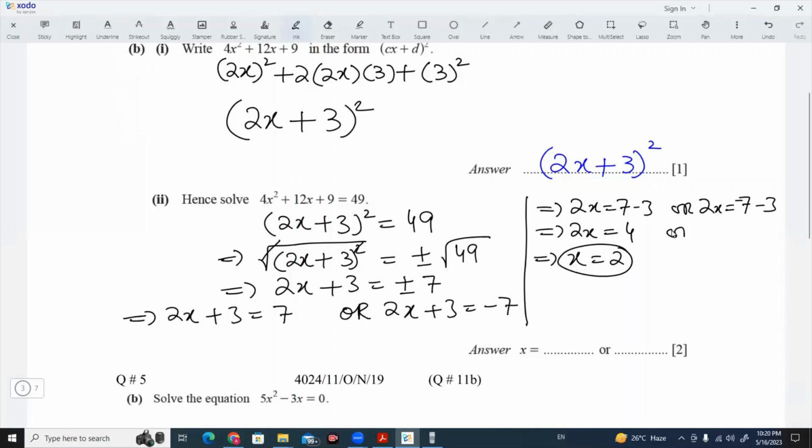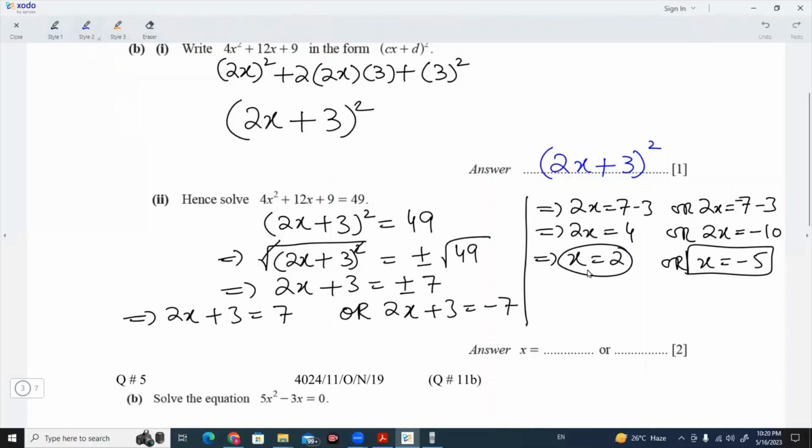This is the first answer. What about the second? 2x equals negative 10. Minus 7 minus 3 results in minus 10. So minus 10 by 2 results in negative 5. These two are the answers. One is positive 2 and the other one is negative 5.